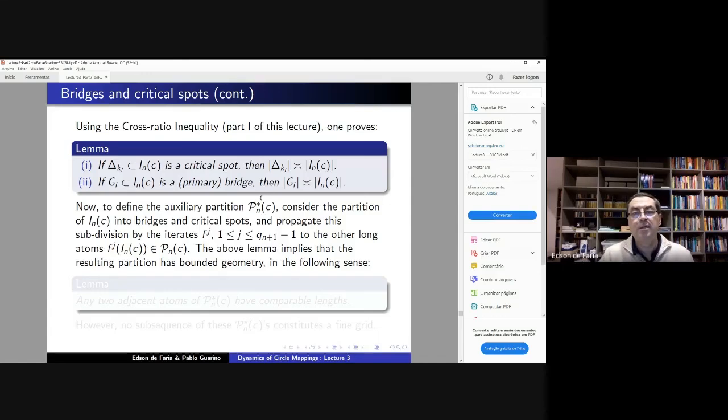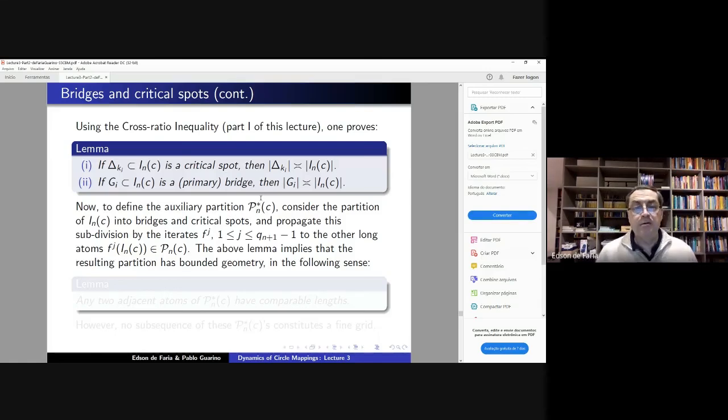They were in P_n and they will stay in P_n star. But the long atoms, the ones that are I sub n, you subdivide them first into these bridges and critical spots, and then you map them forward. Okay, so you get a refined partition that I'm calling P sub n star.